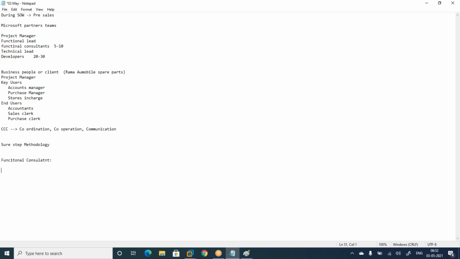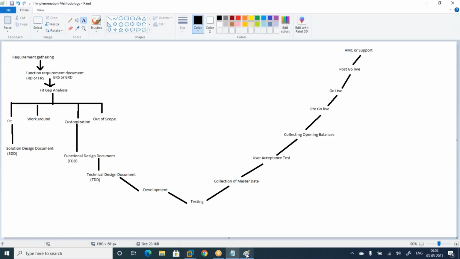One is the business analyst role. Business analyst means majorly documentation: requirement gathering, business requirement document or functional requirement document, fit gap analysis, and then the solution design document can be prepared from here. So these three documents are majorly done by business analysts or business people.